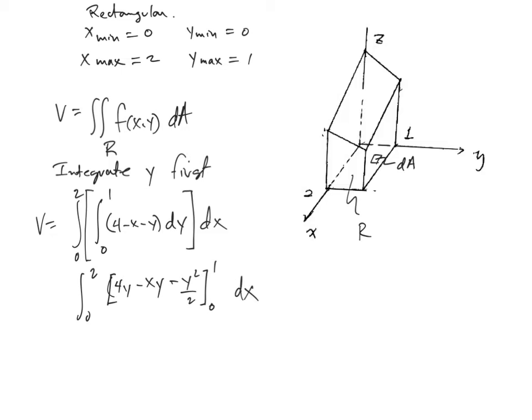Okay, so now we complete this. We substitute 1 for y here, subtract from that the same expression with y replaced with 0. Obviously, we're going to simply get, so our volume is equal to the integral from 0 to 2 of, dx, and inside here we're going to have 4 minus x minus 1/2, right?